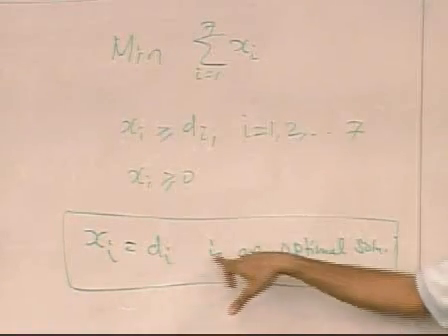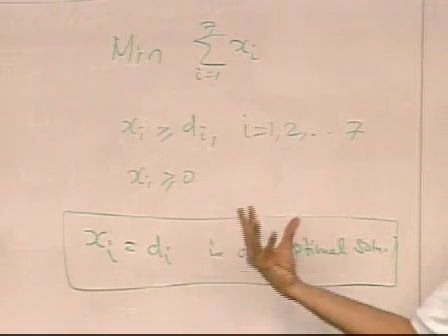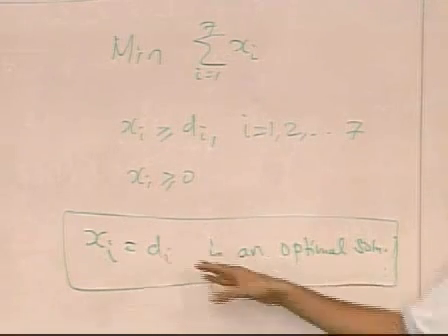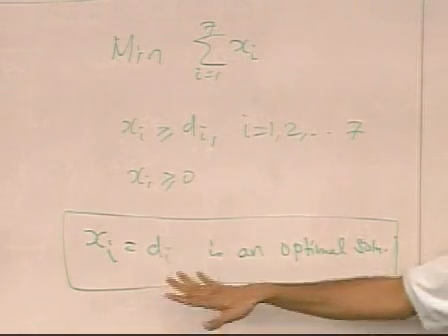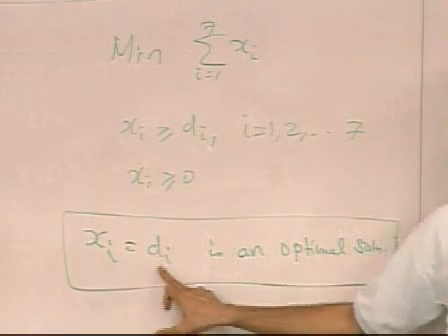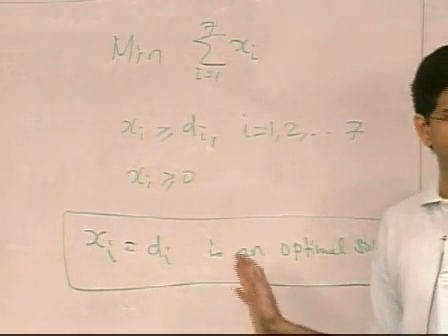And here you have a solution such that the summation of all the xi's is exactly equal to the summation of all the di's. Therefore, this has to be optimal. Anyway, I'm not going to belabor this because this is sort of an obvious point, that for this linear program, you would just set xi equals di, and that's an optimal solution. And you can convince yourself that that's indeed the case.